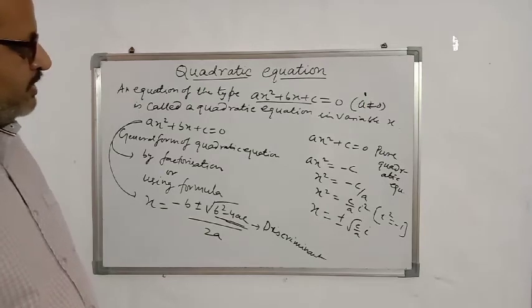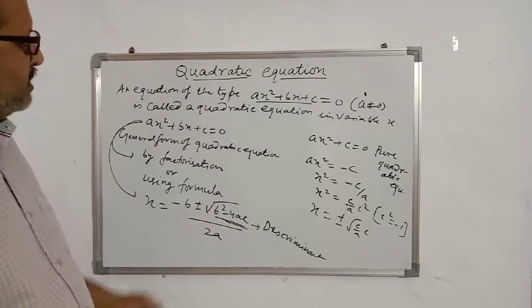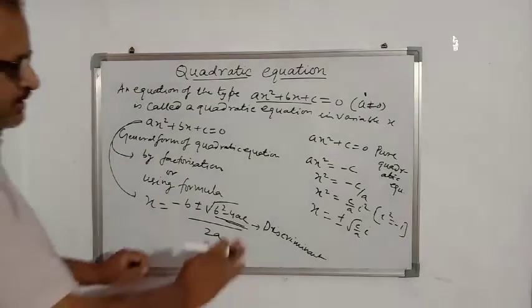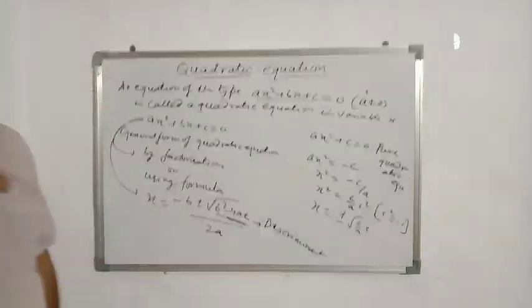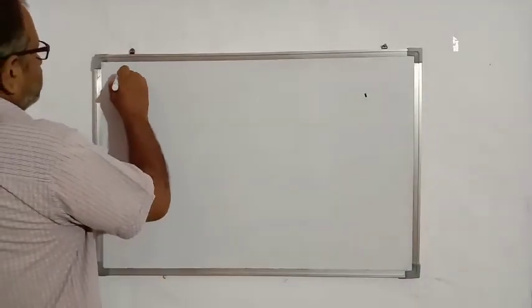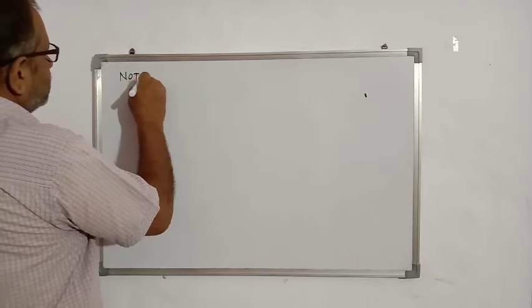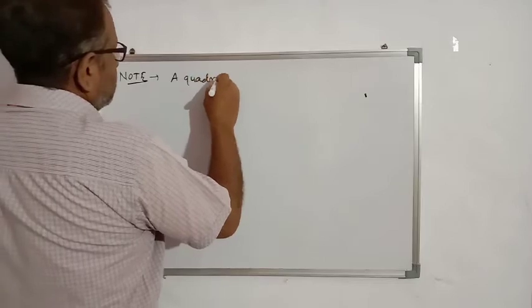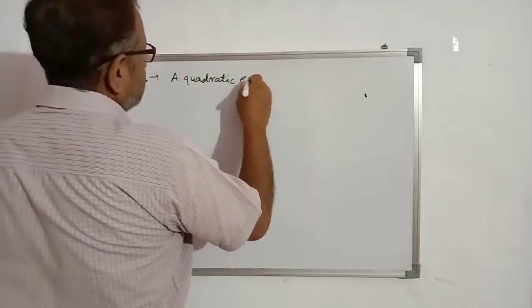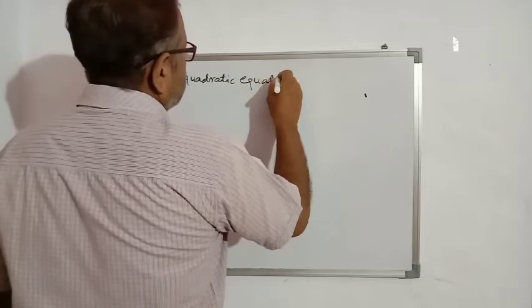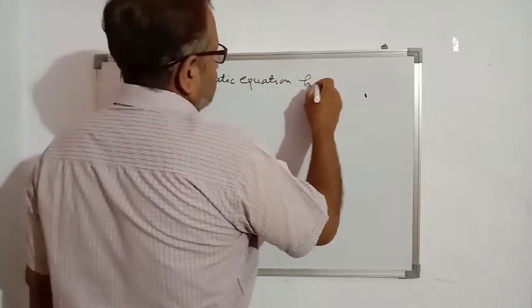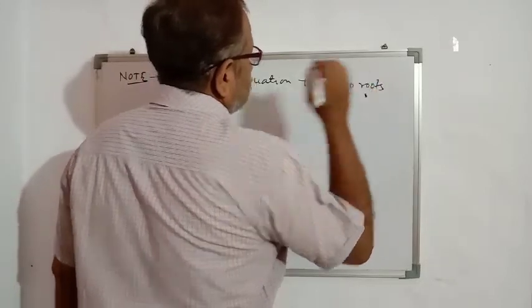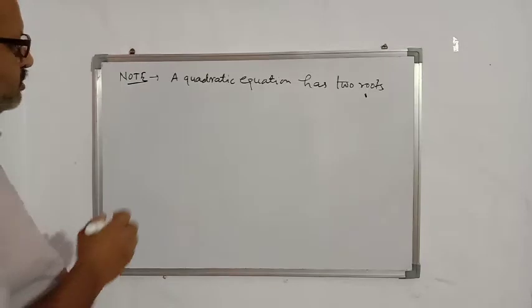Now we will see some points. Let us see the first point. A quadratic equation has two roots.